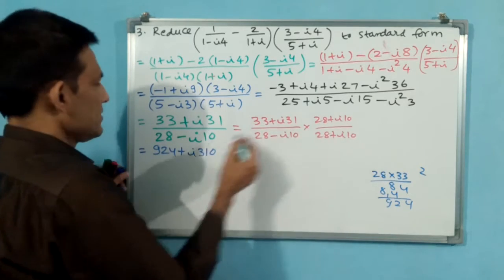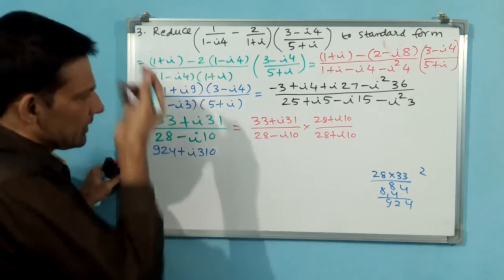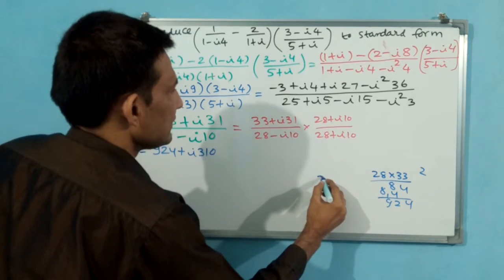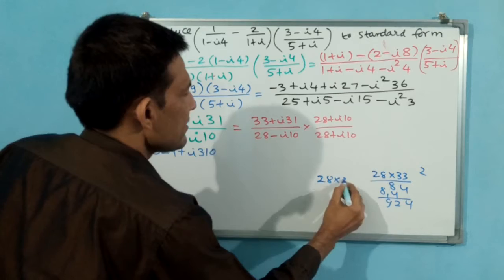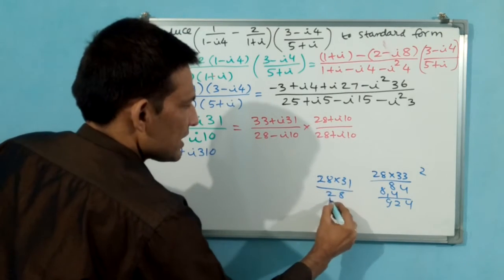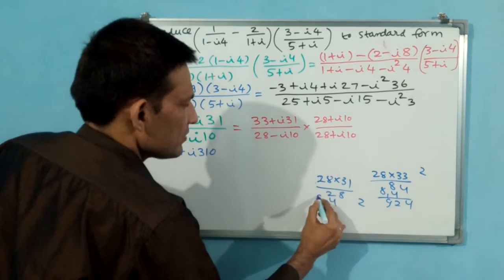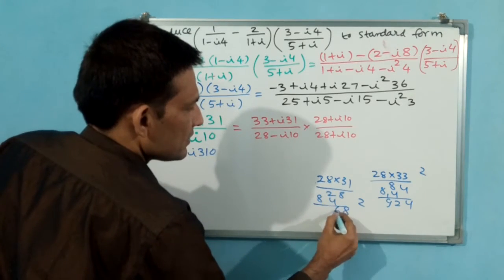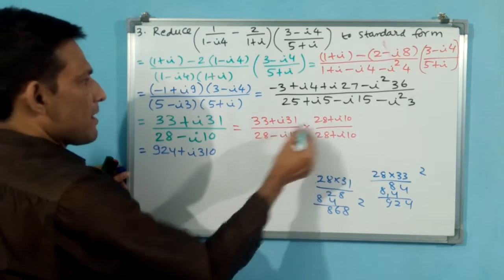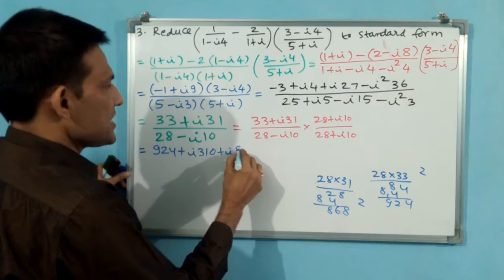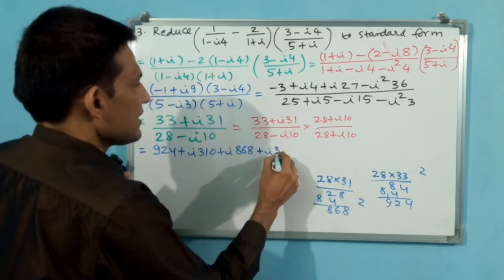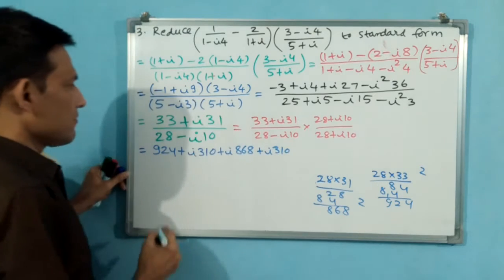Now 31 into 28. This also we have to calculate. 28 into 31. 3 8s are 24, 3 2s are 6 plus 2, 8, 868. Plus I 868. 31 into 10, 310. Plus I 310.